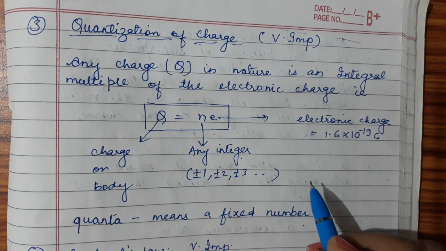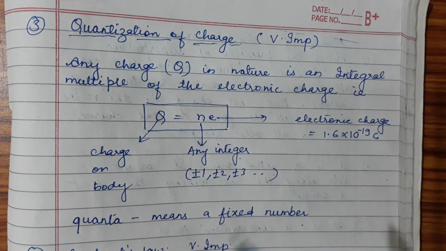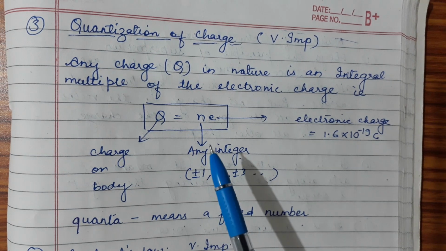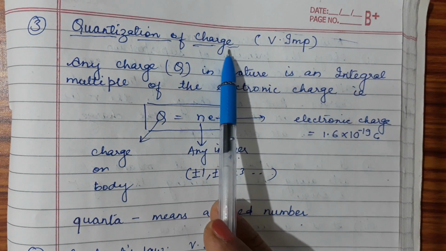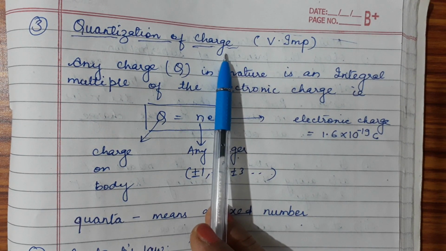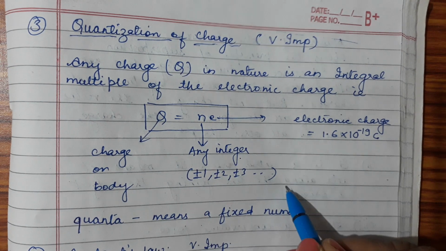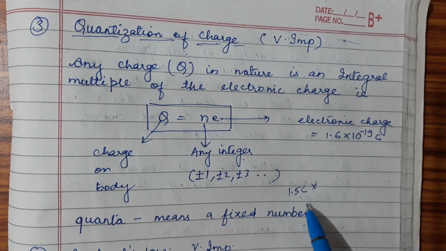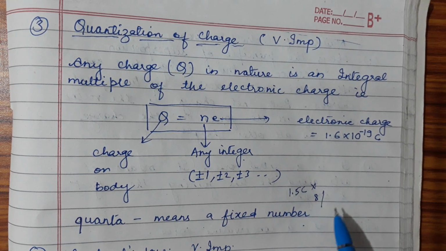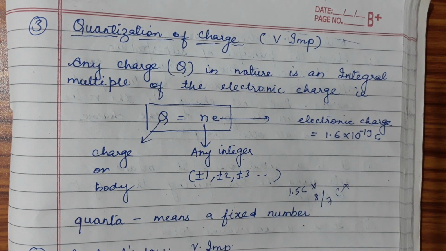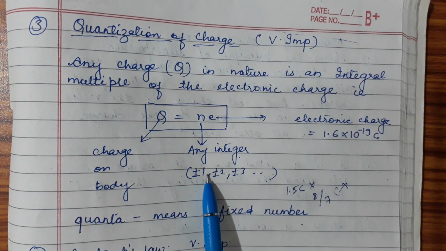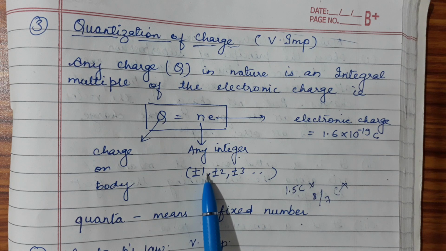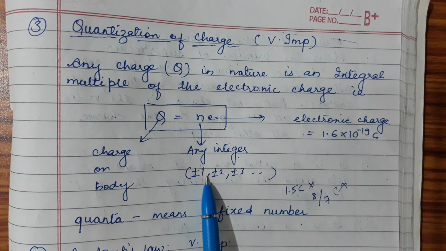It is not possible. Why? Because pens come in fixed numbers. In the same way, charges also come in fixed numbers. You cannot have 1.5 coulomb of charge. You cannot have 8 by 7 coulomb of charge. So charges always exist as an integral multiple of the electronic charge.